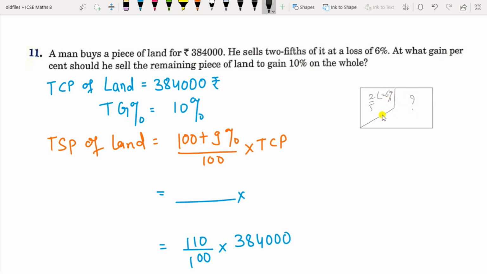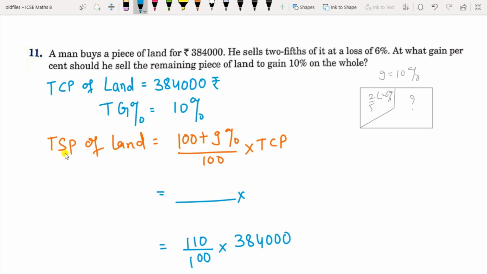Now, at what gain percent should he sell the remaining so as to gain 10% on the whole? So the cost price of the land has been given as 3,84,000, the total cost price, and he wants to gain a total gain percent of 10%.